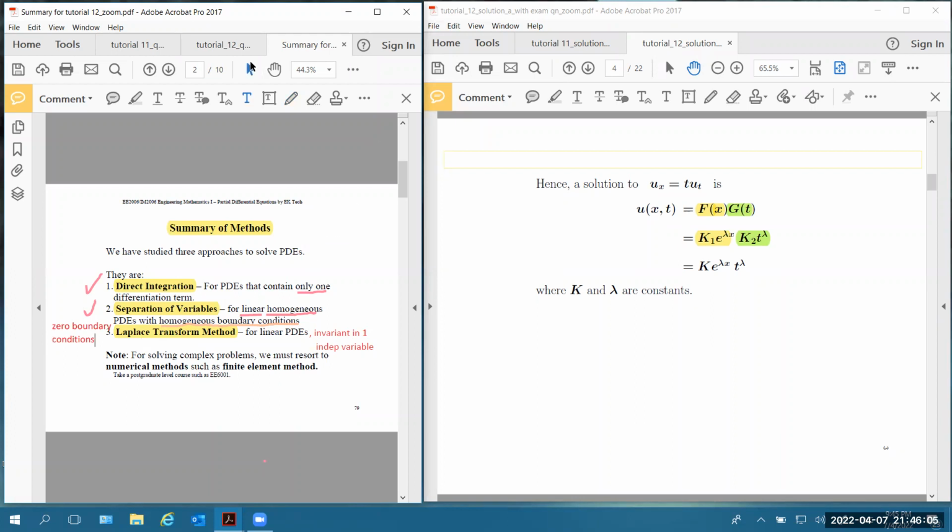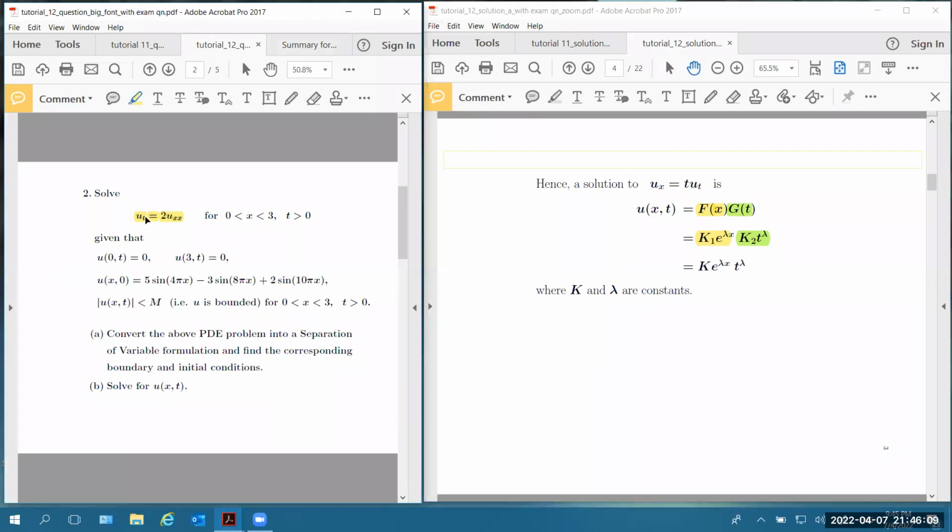Okay, so let's go and see this question. Look at this highlighted PDE here. Is it linear? Linear or not? Is it only U? Only U means linear. Only U or not? Okay, because the left side is only U, then the right side also only U, right?